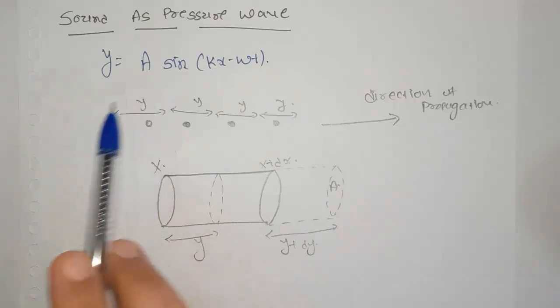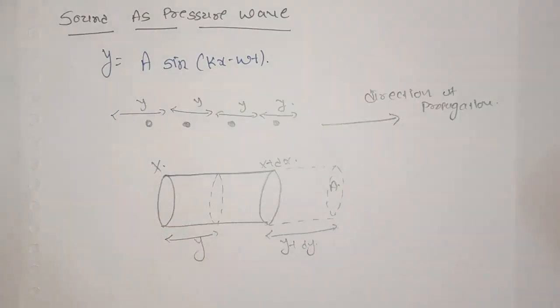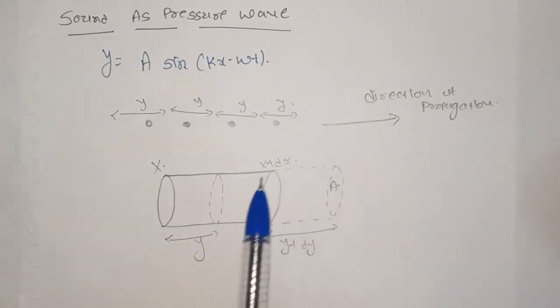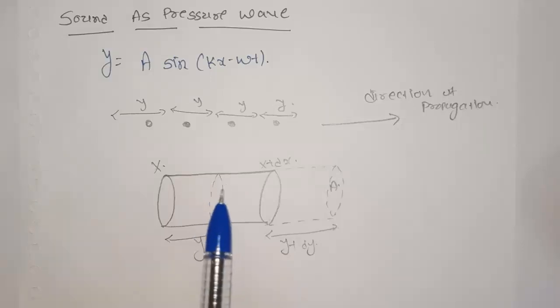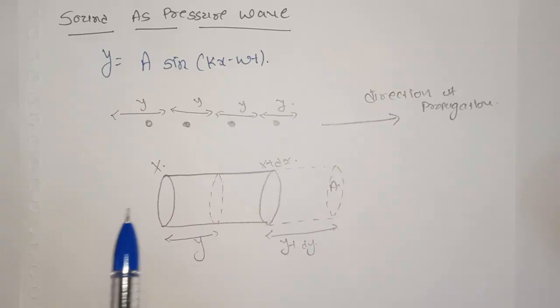This displacement produces pressure variations which are typically of the order of 1 Pascal or so. We can now express a sound wave in terms of pressure fluctuations delta P.